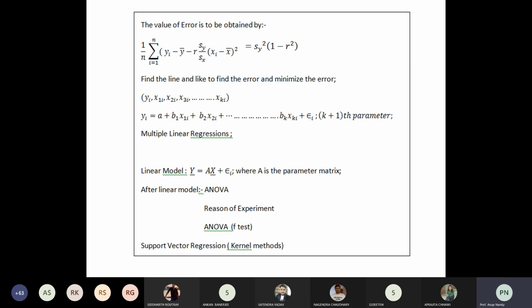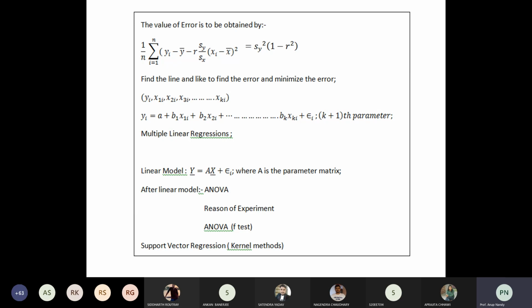X is the independent variable matrix, an n cross k plus 1 matrix, where the first column is the placeholder, a column of ones for the constant, the regression constant, and the remaining columns correspond to the independent variables.